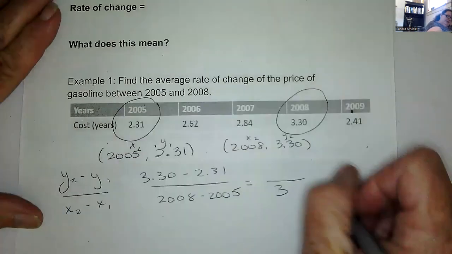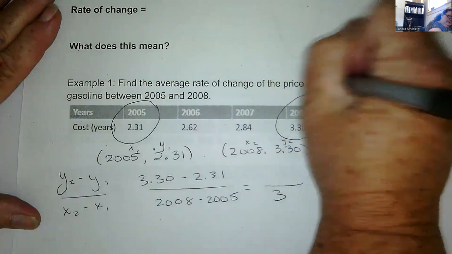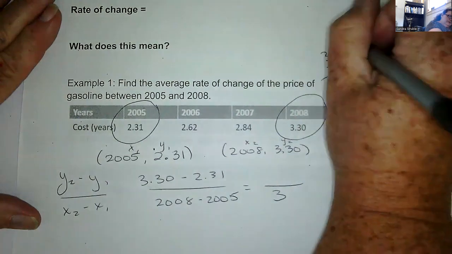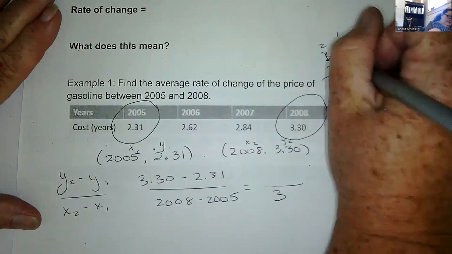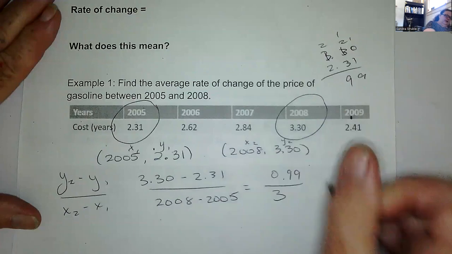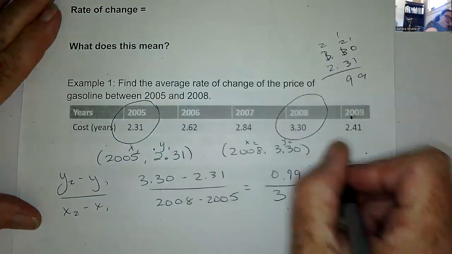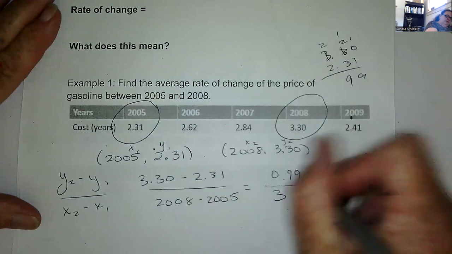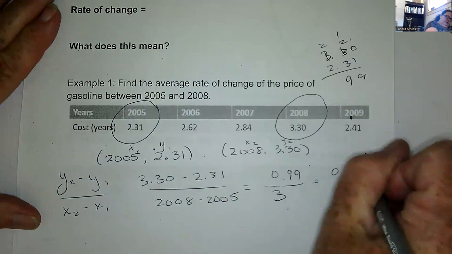Actually, let's do it here. 330 minus 231 is 99 cents. So 99 cents per 3 years. So that reduces, if you divide 3 into 0.99, that gives you 0.33.